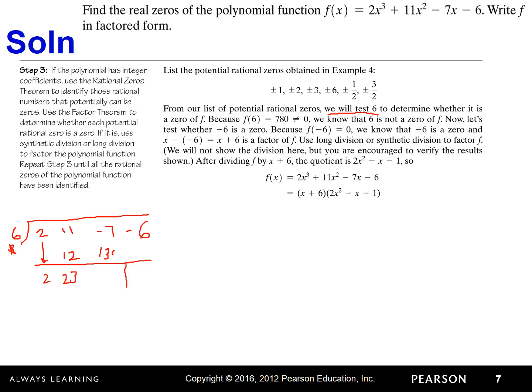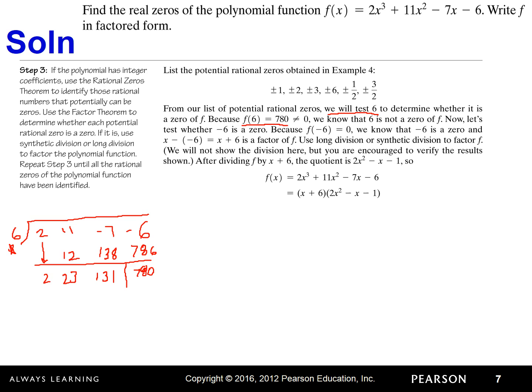Write that here and add 131. And multiply the 131 by 6. I'm thinking that's 786. And add, and you get 780 as the remainder. And of course, by the remainder theorem, that is f of c.